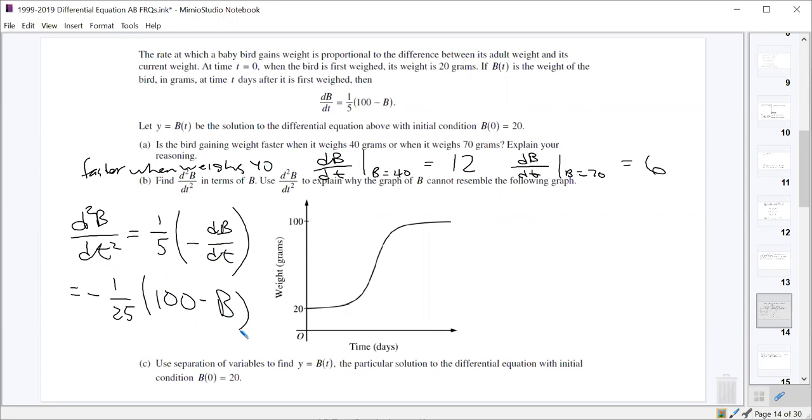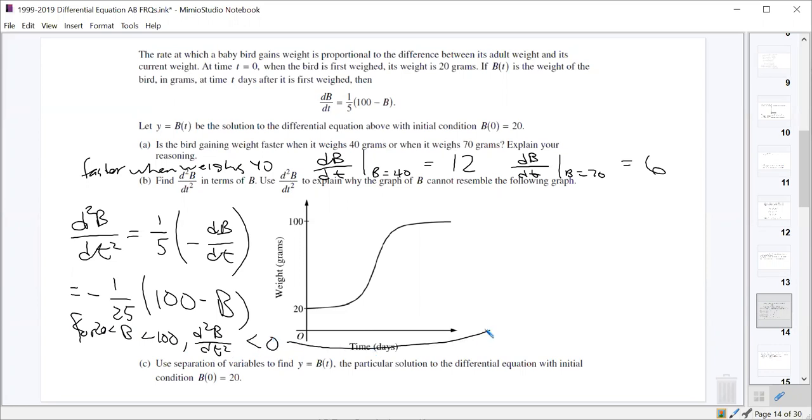Everybody good with that being the second derivative? Okay. Now, why can't this graph work? Must have to do with concavity, right? Because this is the second derivative that they asked us to find. So what can you tell me? Well, the B values are always between 20 and 100. So for B between 20 and 100, the second derivative is always going to be negative 1/25 times a positive number, which will always be negative.